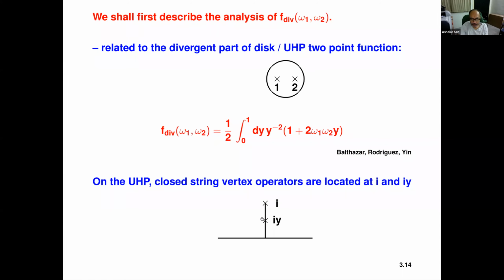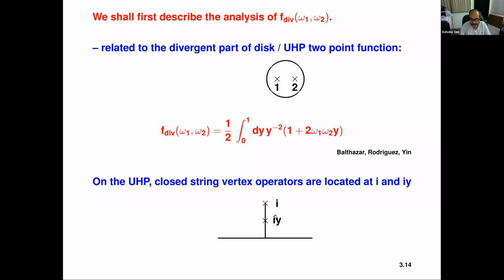The way this computation is done, you actually work in the upper half plane, which is conformally equivalent to a disk. You place the first closed string vertex operator at I, that you can always do. That fixes two of the conformal Killing vectors. The second one you cannot fix fully, because that would correspond to fixing 4 parameters, but you can take the real part of that to be 0.